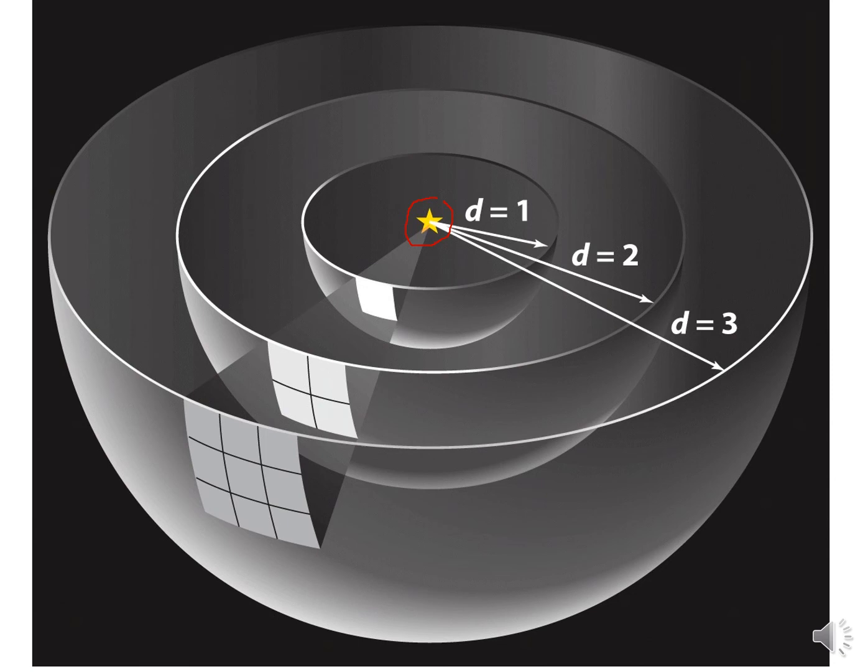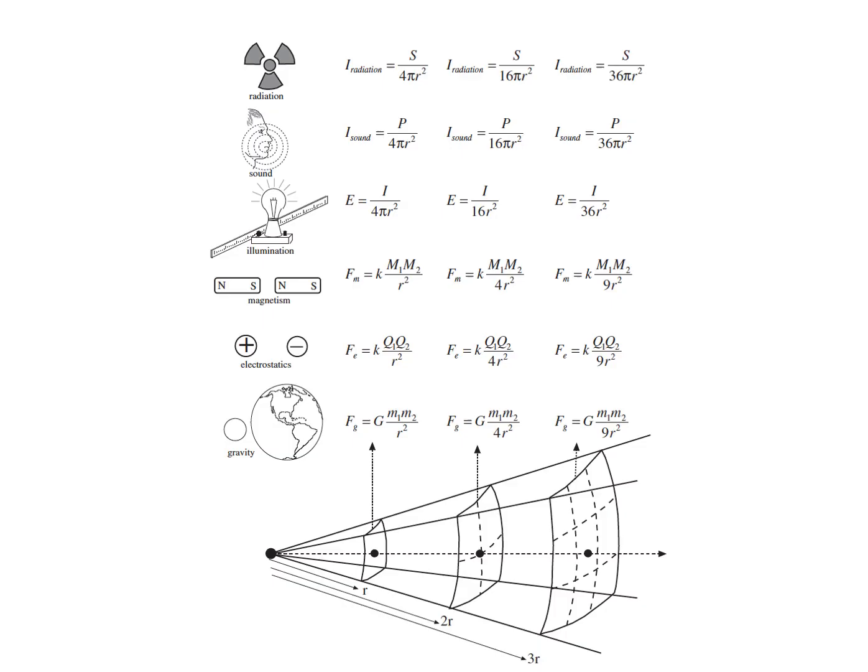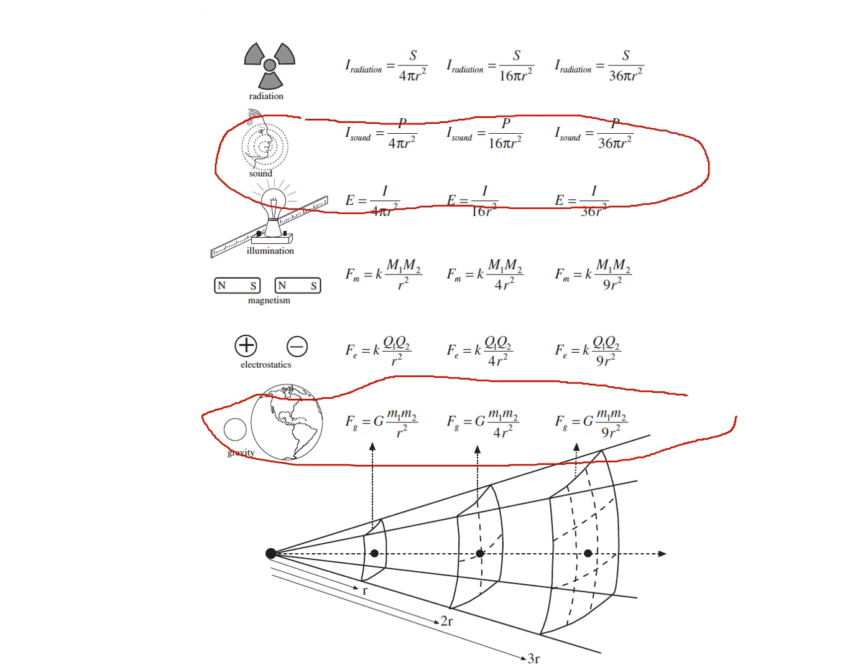At this point, you should be thinking, wait, I've heard this before somewhere. Indeed you have. It's the inverse square law, which we have seen with gravity, with sound, with magnetic strength, and with electrical strength.